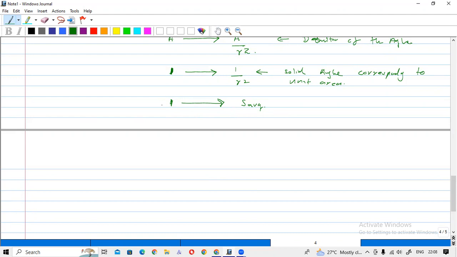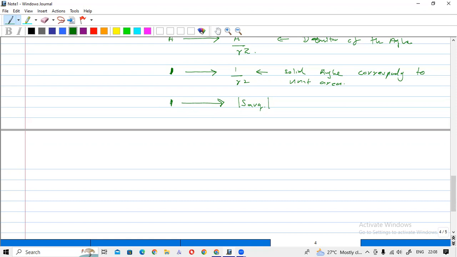So if you are finding it for unit angle, we are interested in the magnitude only. The magnitude, or the value of the average power density per unit angle, is the magnitude of S_AVG.